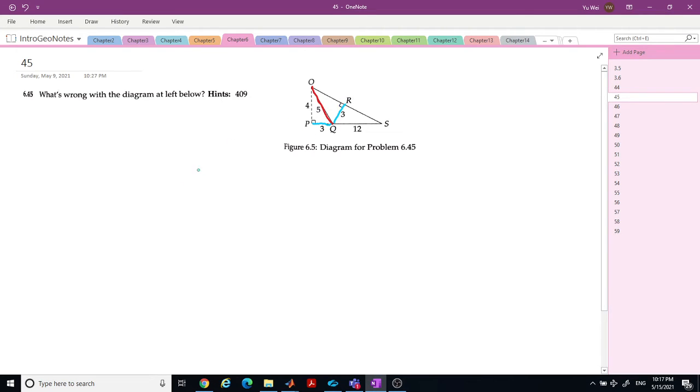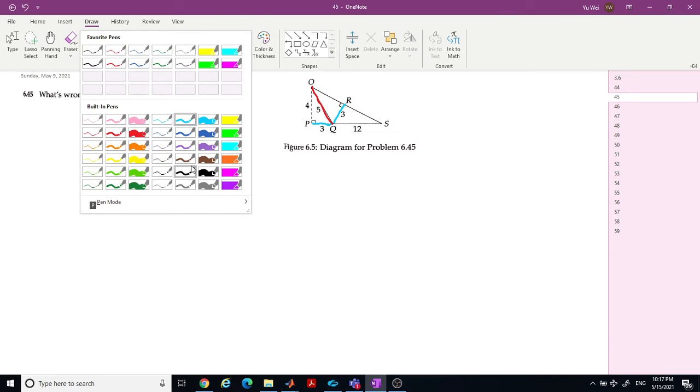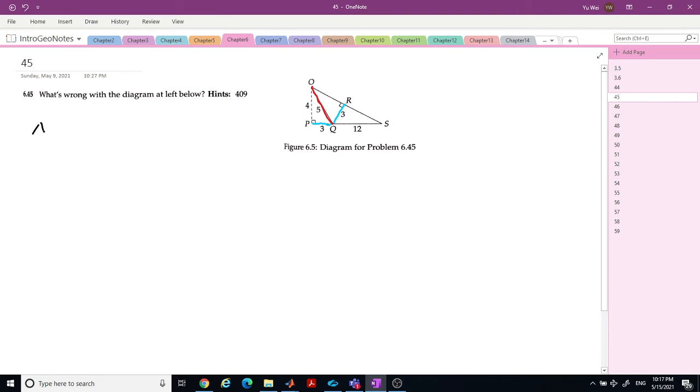So that means right triangle POQ is congruent to right triangle ROQ. That means RO equals PO equals 4.